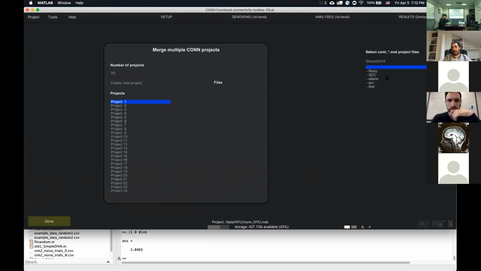Then select the files: look at the con_something mat files that our pipeline has created for every individual subject. It will ask you to give a name to this new project and a location in your directory, and it will create a project that doesn't do anything with the data. That project just points to all of the data for every individual subject, and then you can continue denoising it and doing whatever you want with it.